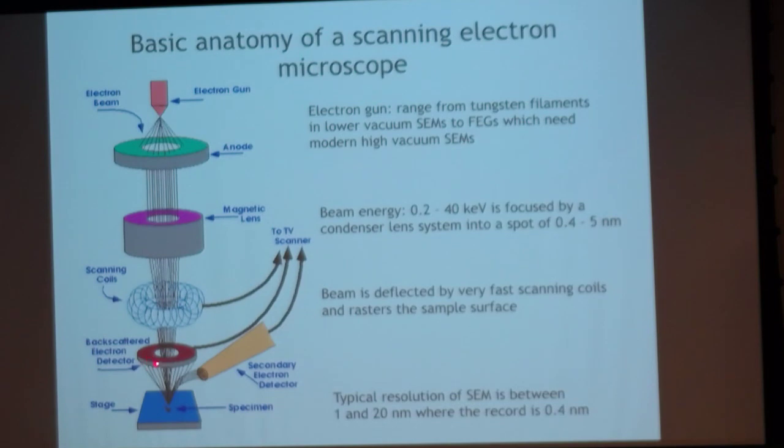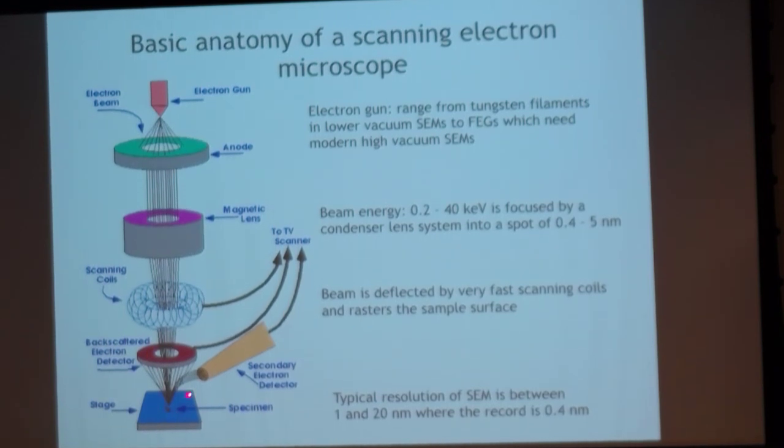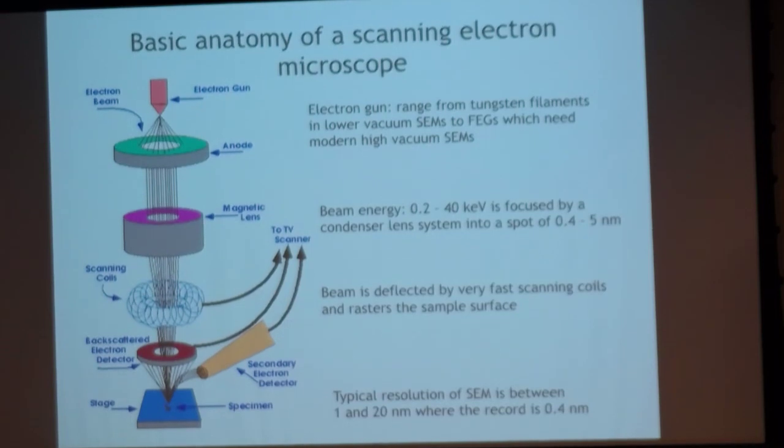At each point, you can use a detector that's not positionally sensitive, because the beam and the patch that I'm probing is tiny. I don't care where it goes. I just collect it all. So you can have different kinds of detectors, like a backscatter electron detector, or a secondary electron detector, which detects electrons whose energy has been altered by the specimen.